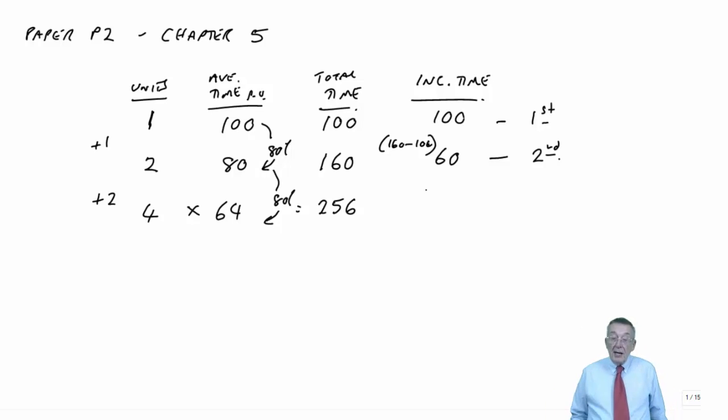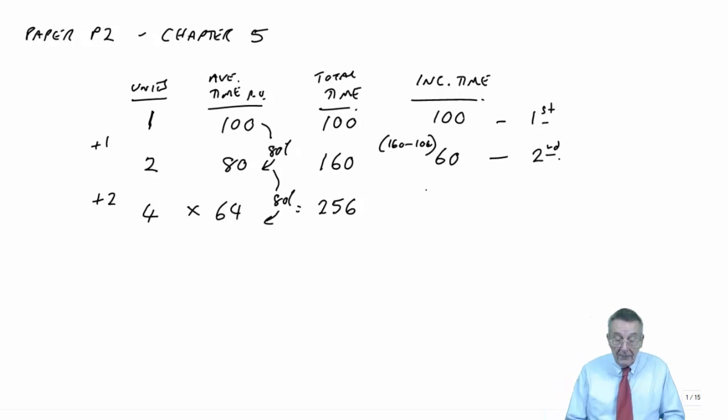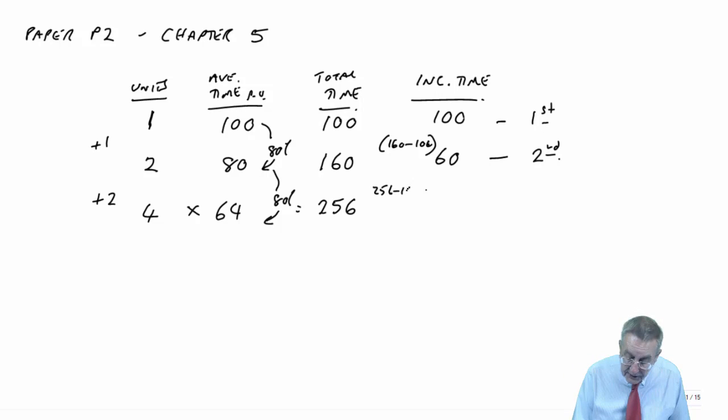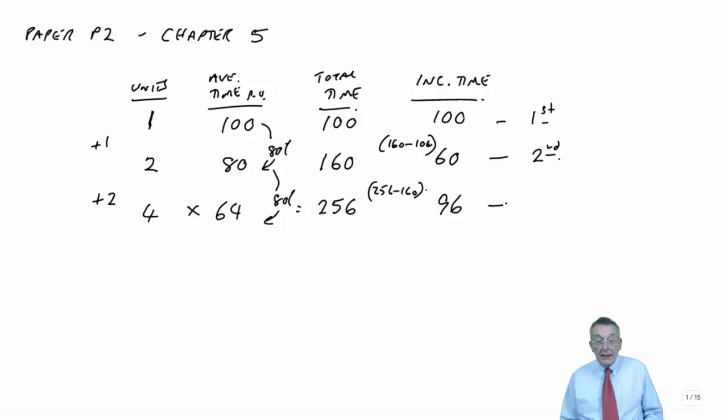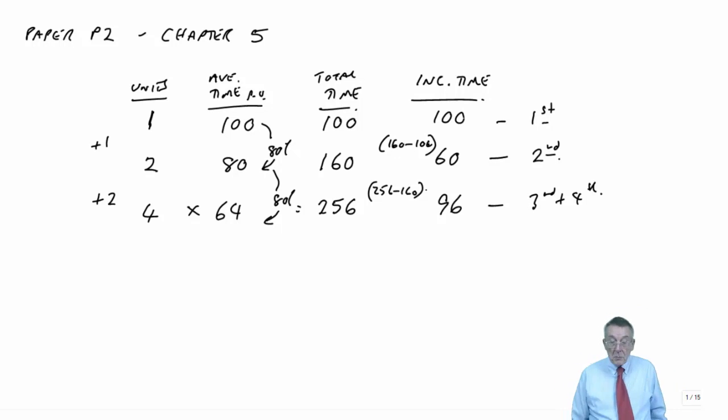Well, we already knew the time for 1 unit was 100. The time for 2 units was 160 hours. The time for 4 units is 256. So how long did those second 2 units take? 256 minus 160 is 96. Well, that's the time for the third plus the fourth unit.